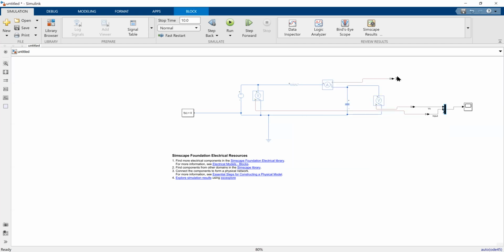This is the capacitor current, and let me show you the plot also.